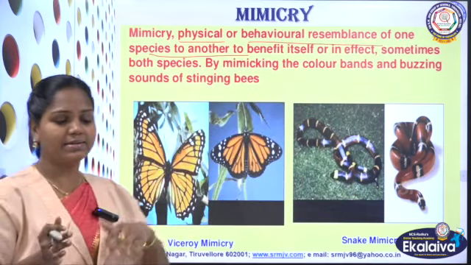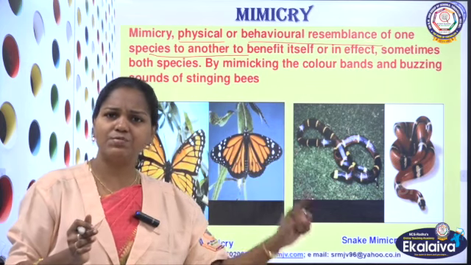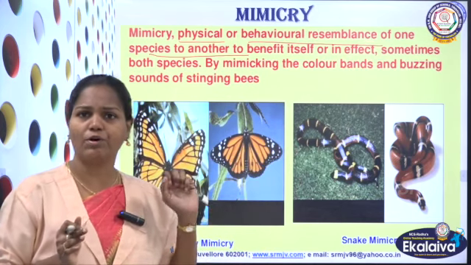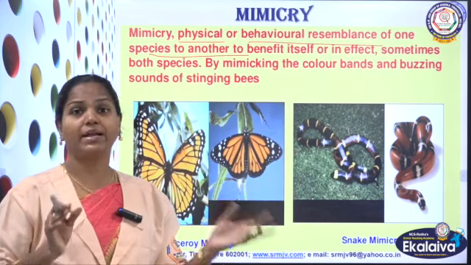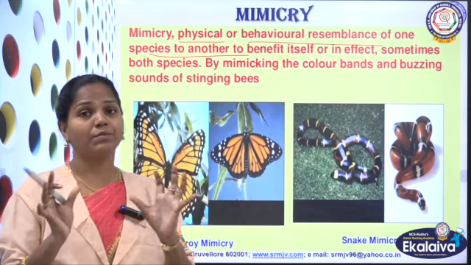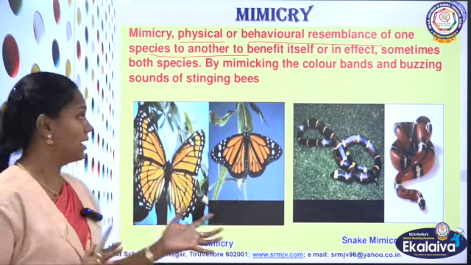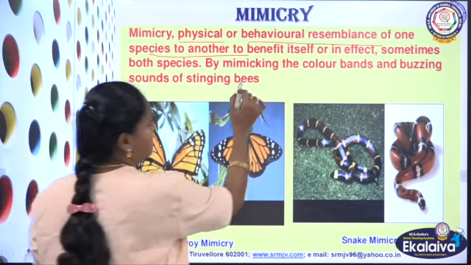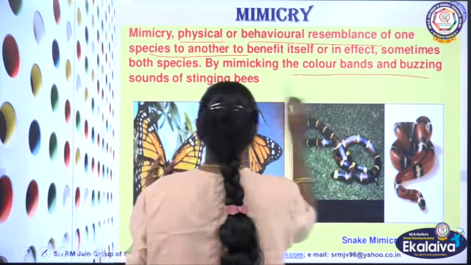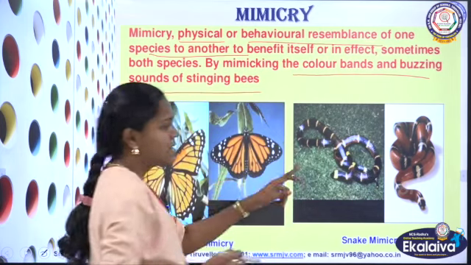As it resembles another species, any one species will benefit by escaping from predators, and sometimes both species will escape from their unfavorable condition, like predators, by mimicking the color bands and buzzing sound of stinging bees.